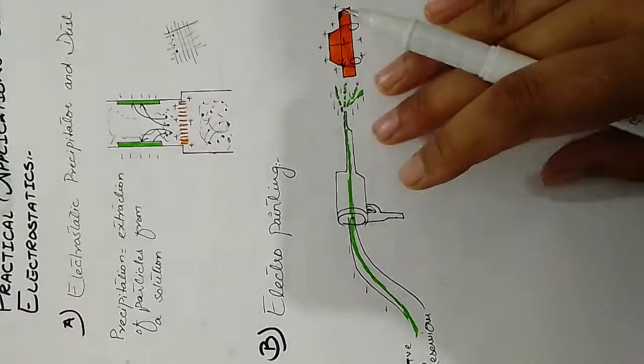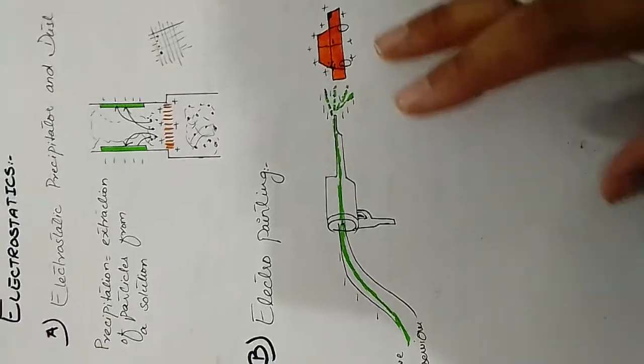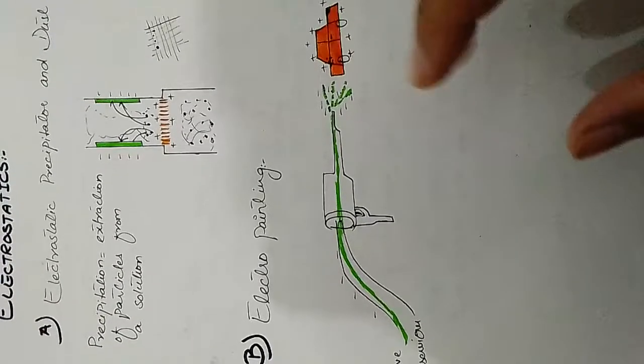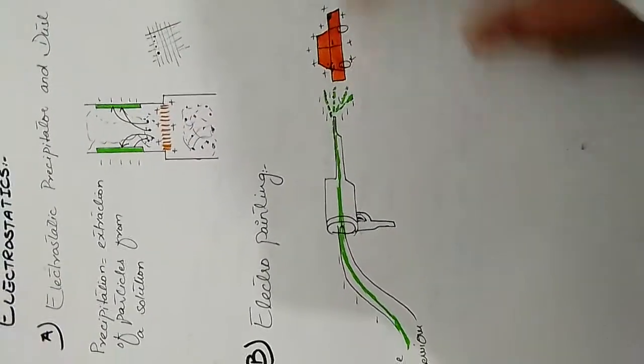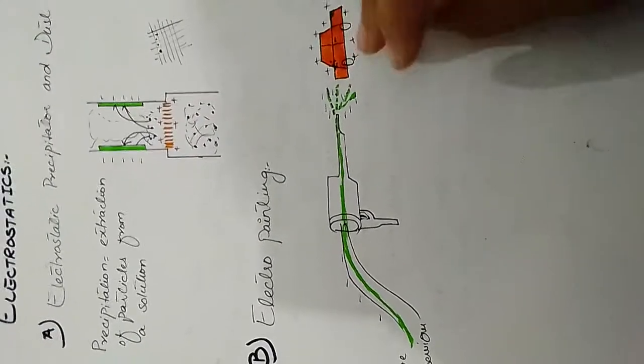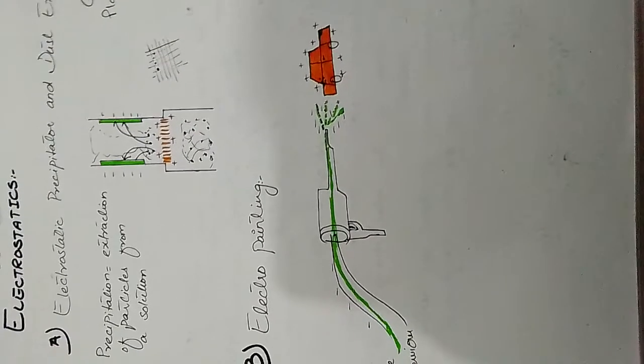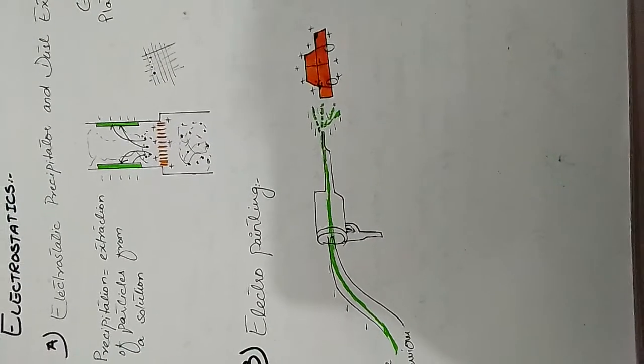In conventional painting, more of the paint was wasted on the floor and surroundings, and was blown out into the air. But in this case, the paint will be evenly distributed on the desired object and won't be wasted on anything else.